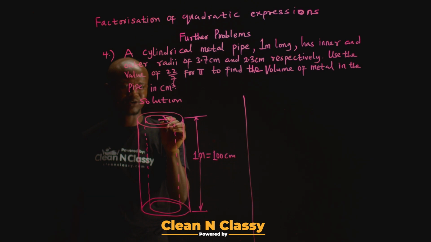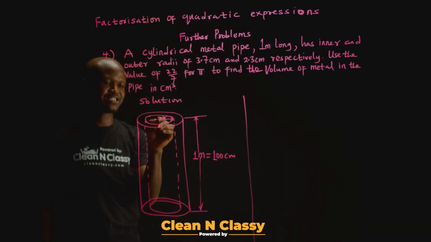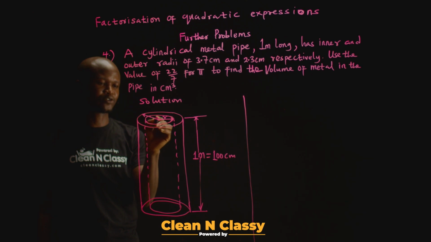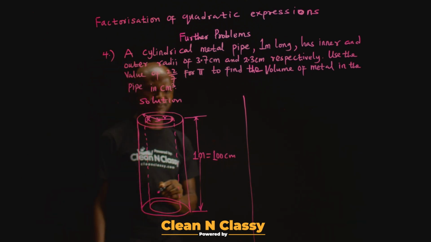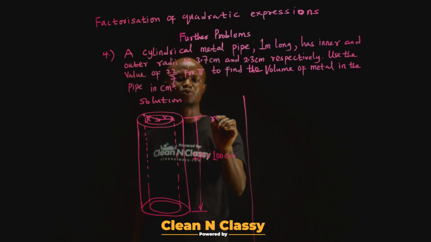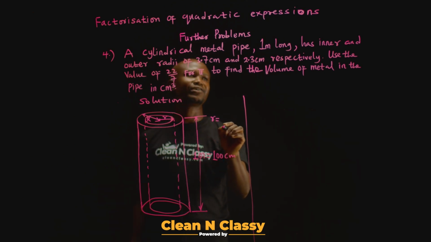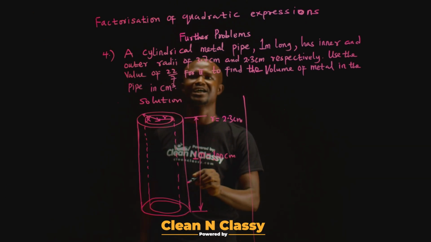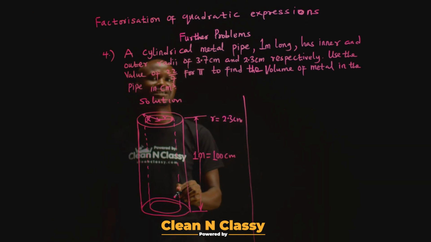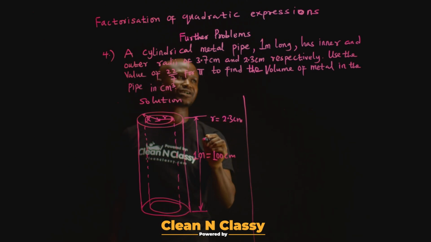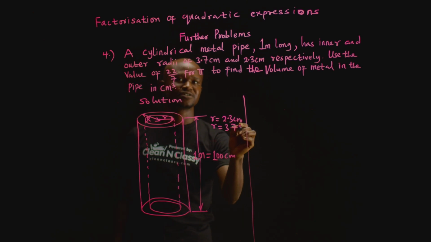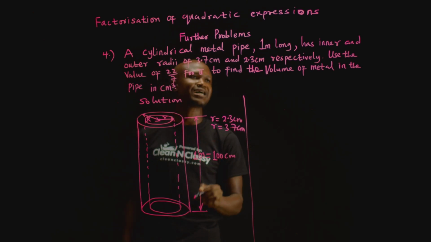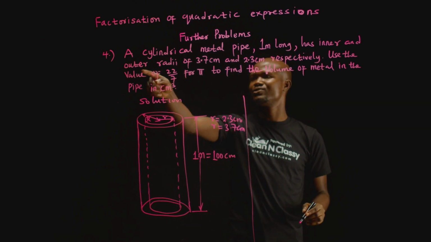From here to here is small r, while from this side to this side is big R. So from this question, small r, that's the inner radii, is 2.3 centimeter, while the outer radii is 3.7 centimeter.